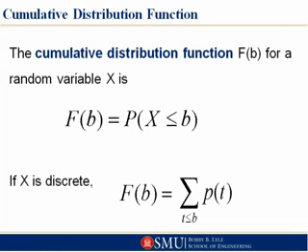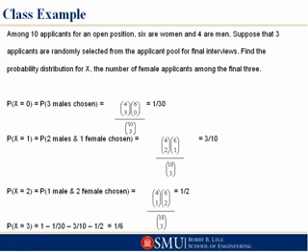Cumulative distribution function. F of B for a random variable X is the probability that X is less than or equal to B. Okay, so we could have said, in the previous example, if I were to give you the cumulative distribution function, F of 3 would have been the probability that the random variable is less than or equal to 3, well, that's going to be equal to 1 because you're adding up all those.